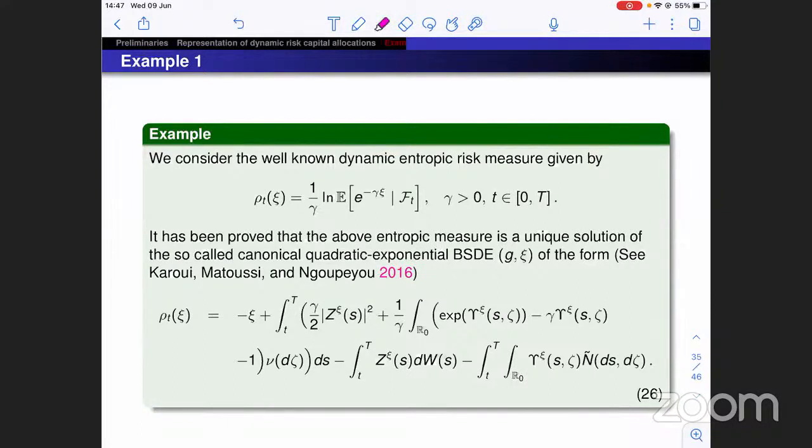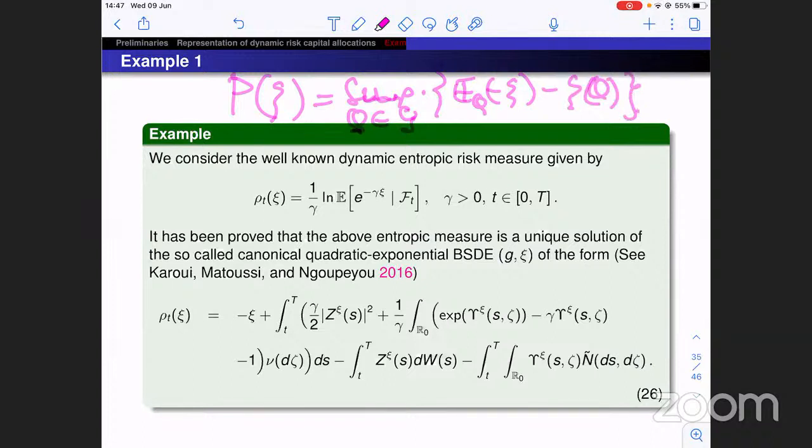Normally, they are coming from this sort of family where this is a risk neutral measure, the supremum of the expectation of that minus that.